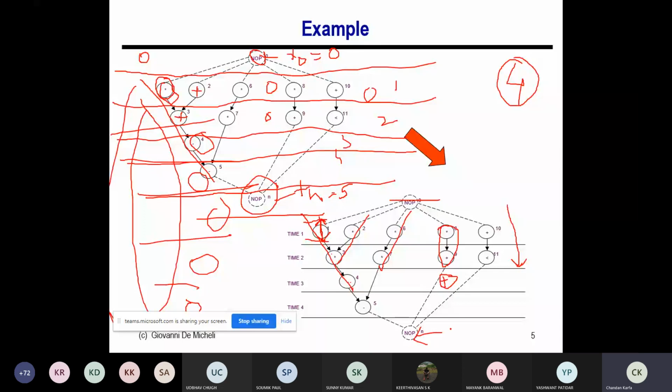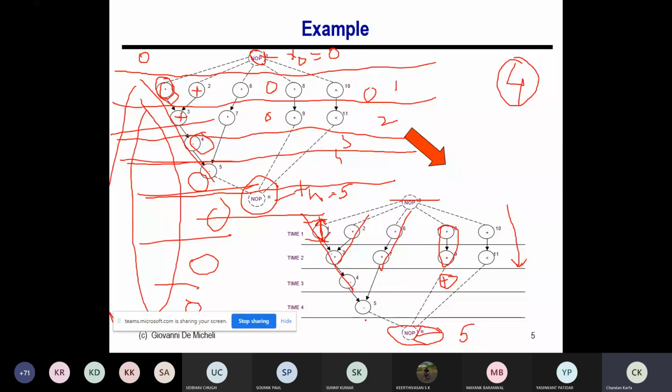I'll assume that the sink is going to be scheduled in 5 time steps, because this is 4, that means this will be lambda plus 1. And I'm going to schedule all the operations whose successors are already done. So earlier I executed an operation when its predecessors were done. Here I'm going to schedule all the operations whose successors are already done.